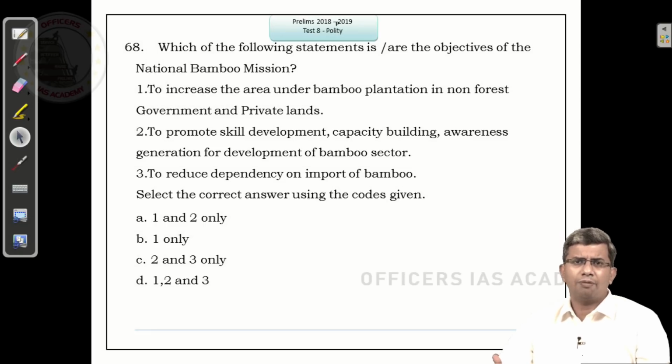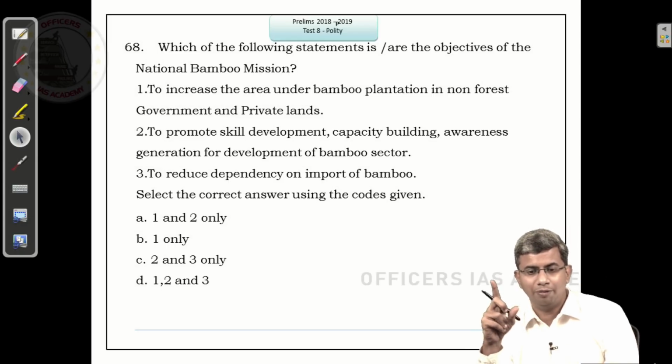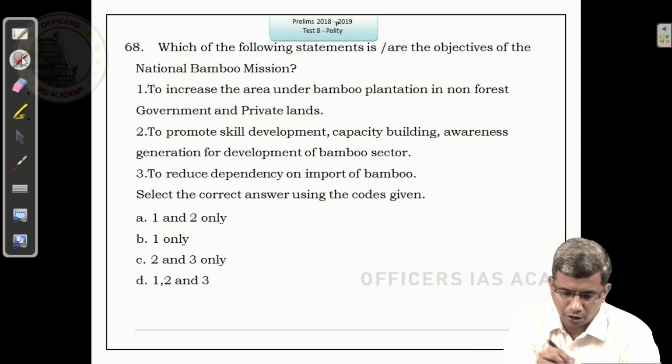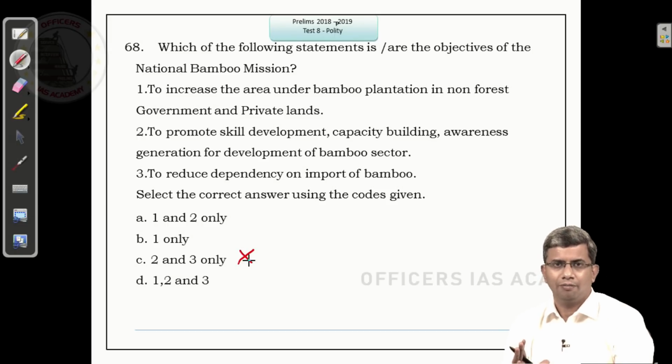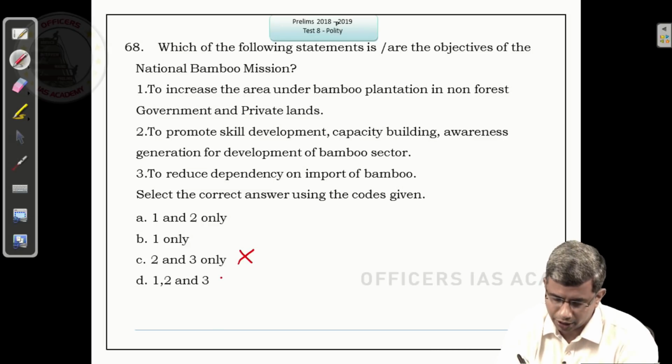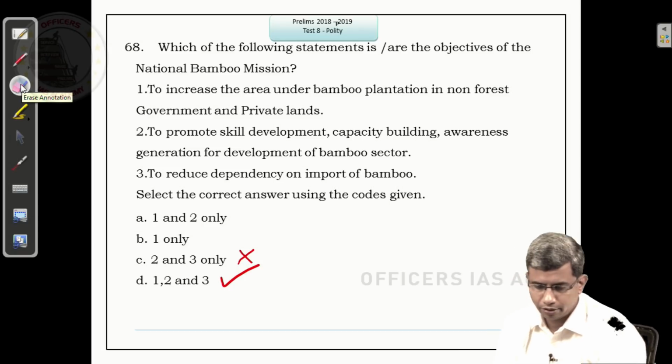Even if you don't know anything about the bamboo mission, trust your knowledge first. Don't go just by elimination. To increase the area under bamboo plantation will definitely be one of the purposes, right? So automatically you are eliminating option C. And to reduce dependency on imports, because we are importing bamboo, so we want to reduce, that's why the bamboo mission has been launched. So the correct answer is D, 1, 2 and 3, right?